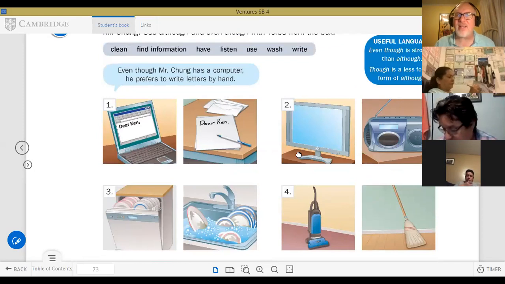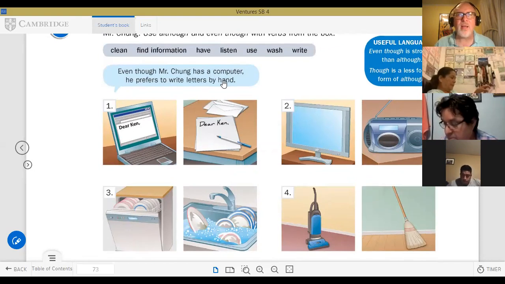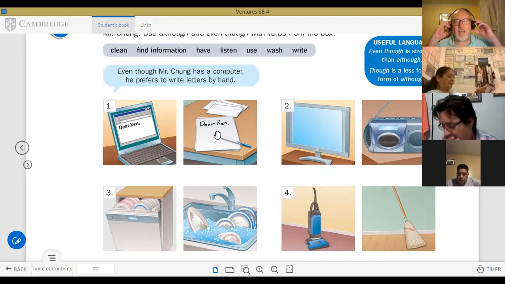So let's see if we can make some sentences. Look at the first example. Even though Mr. Chung has a computer, he prefers to write letters by hand. Okay, good.